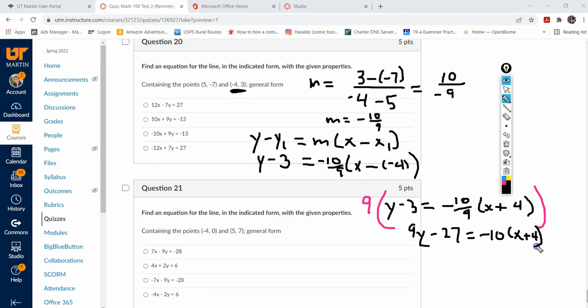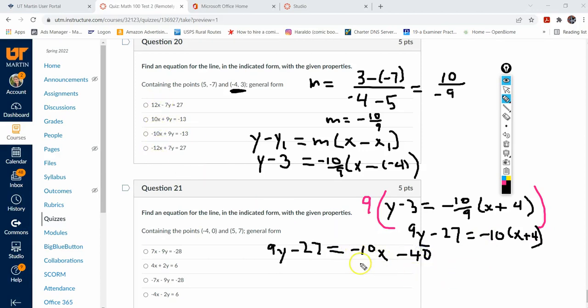Okay, so it might make this calculation easier. So I'm going to have 9y minus 27 equals minus 10x minus 40.